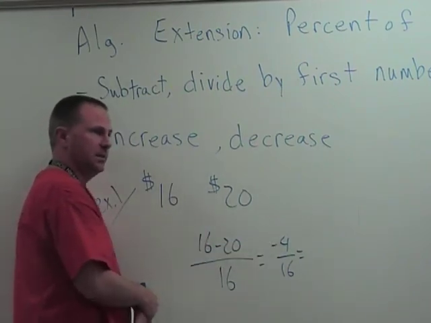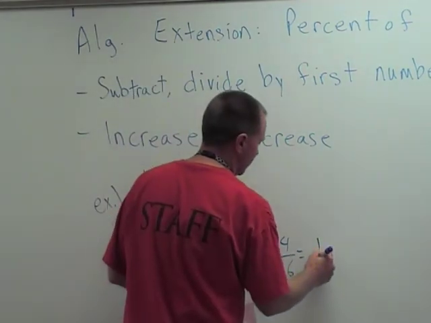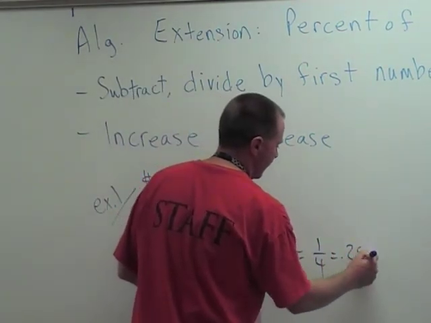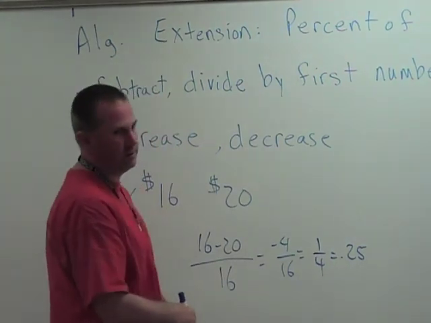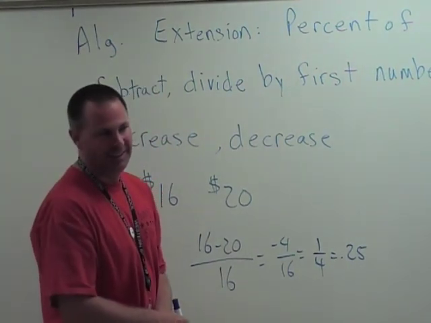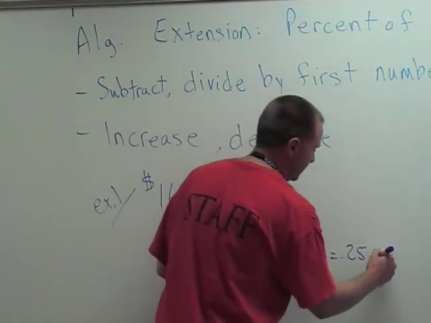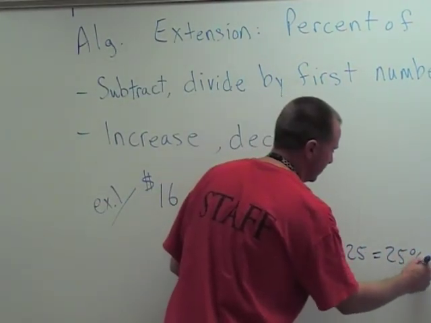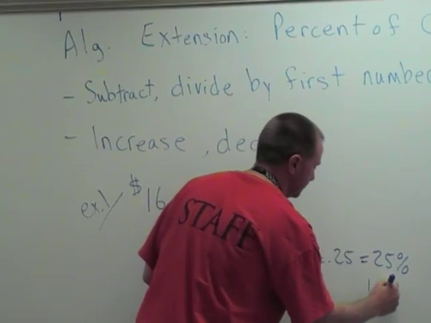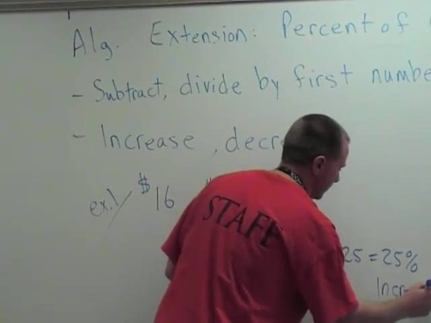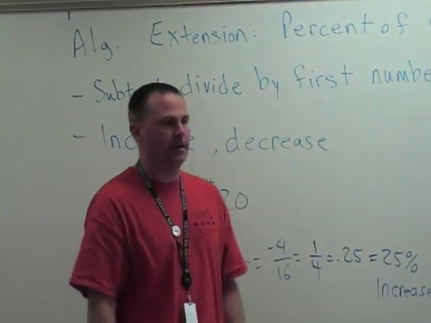So 4 divided by 16 is 1/4 or 0.25. Come on, you don't need your calculators for this. 1/4 is 0.25, which is a 25% increase. Okay? Any questions?